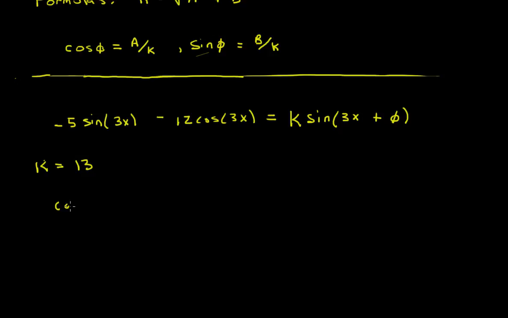And when working with our formulas, the cosine of phi will be negative 5/13, that's a over b, and sine phi will be negative 12/13. Now to test yourself, you may want to pause this video and on your own use a calculator to determine that angle phi approximately. Let's round to 4 places in radian mode.